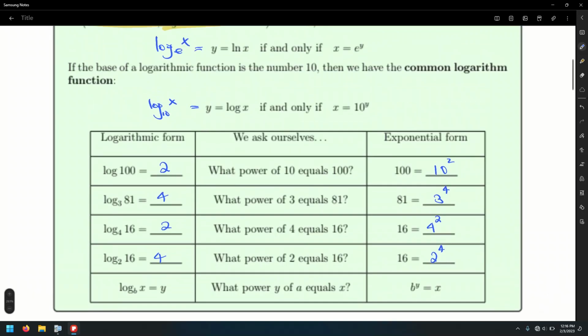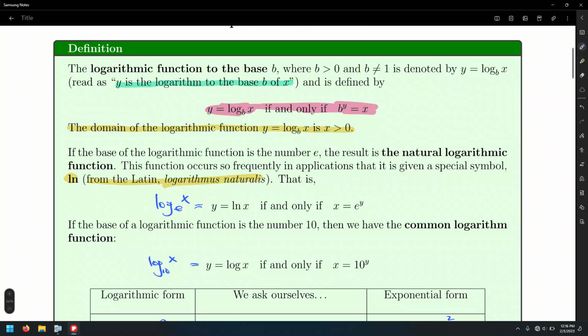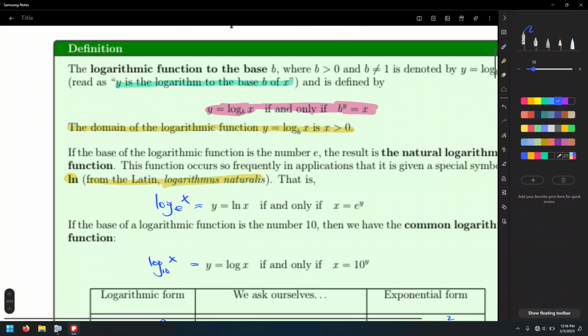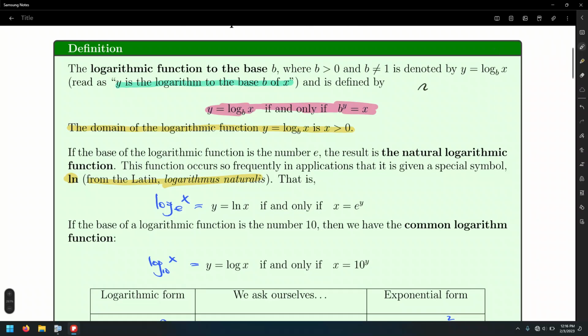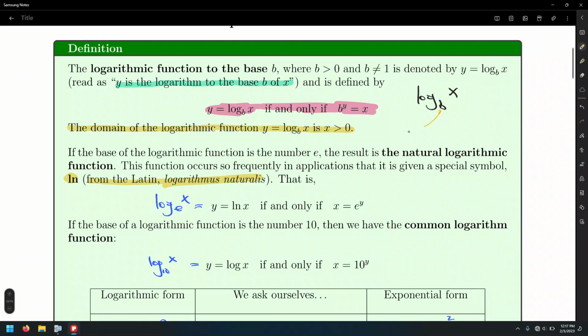Let me go back to the definition. Let me write it down. Log base b of x, where b is the base, and the expression that we see inside, well, in this case we don't have parentheses, but we will have some examples in which there will be.